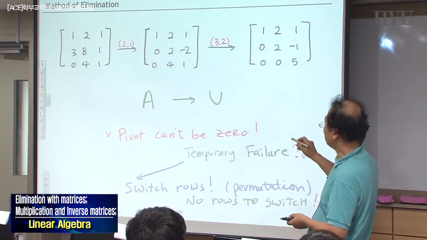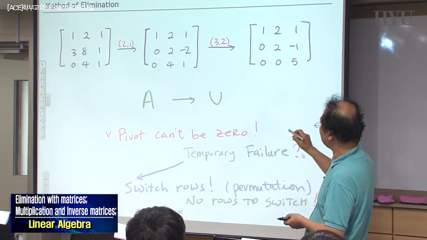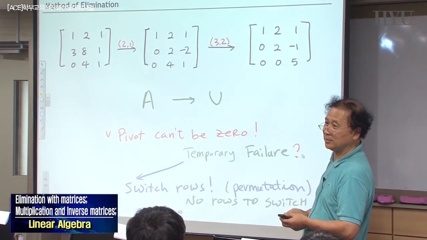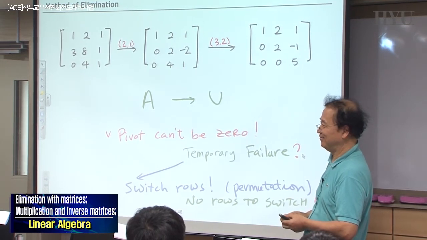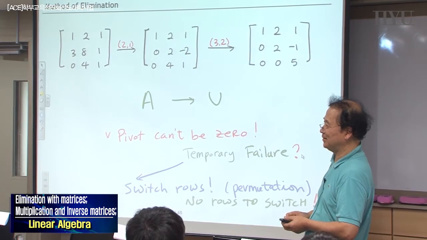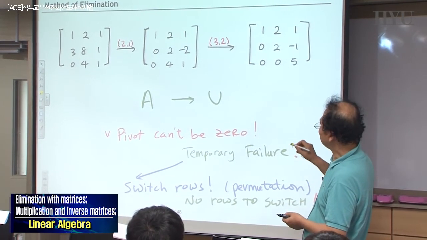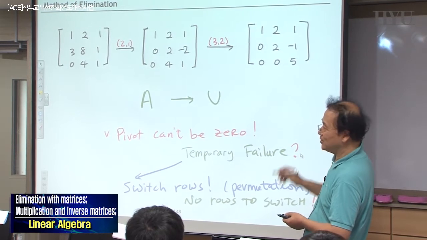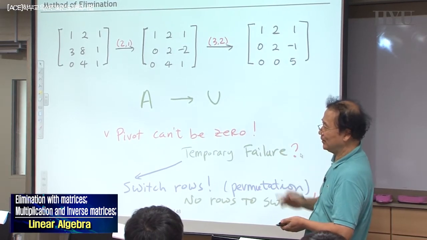What operation do we do to make this happen? I said this is using some transformation. So what kind of operation do we do here?